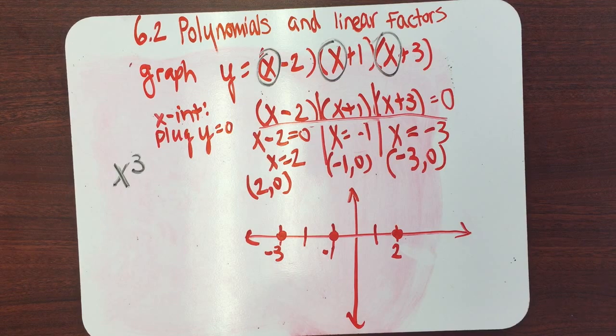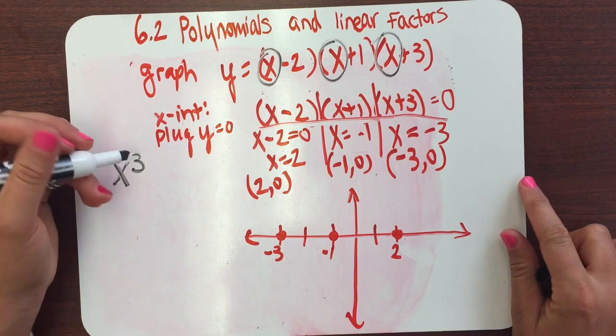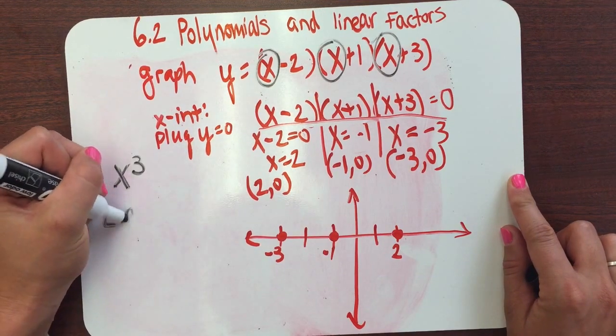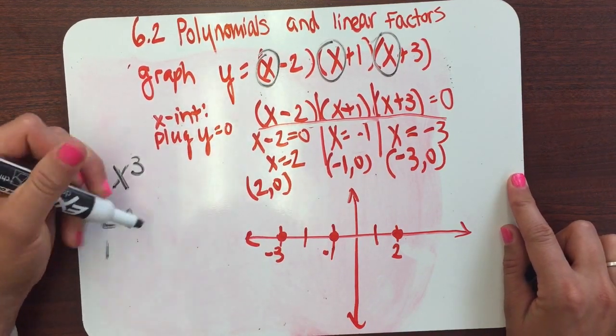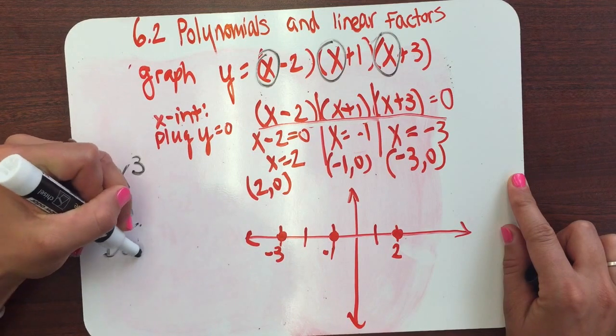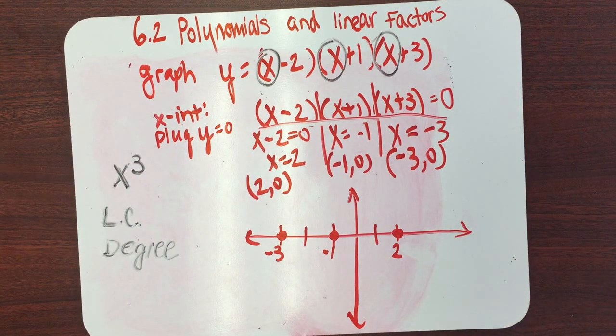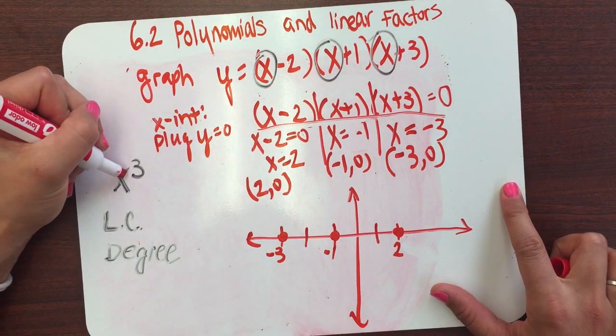So just by knowing the first term, we can find what the end behavior is by saying the leading coefficient and the degree. And that will determine what our end behavior is.